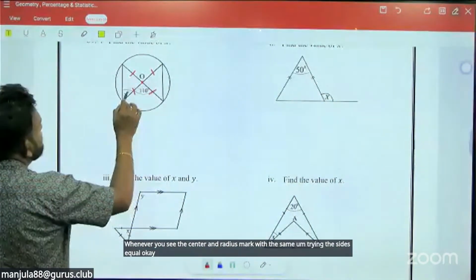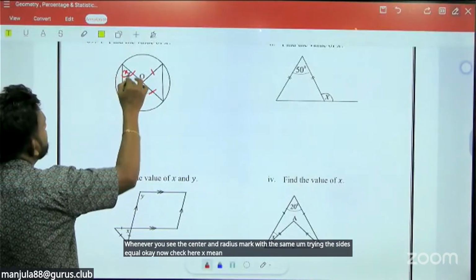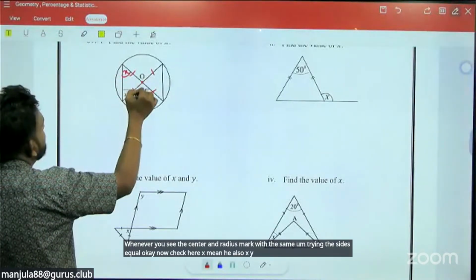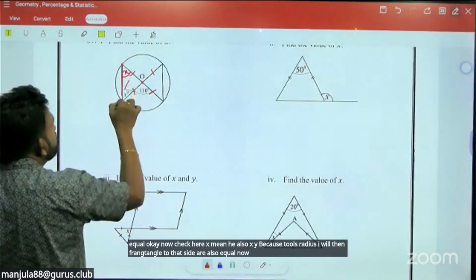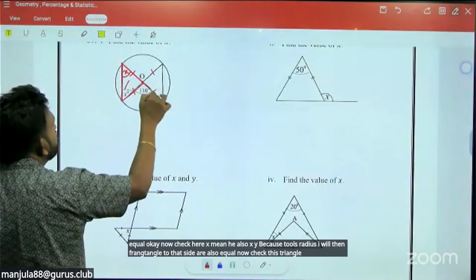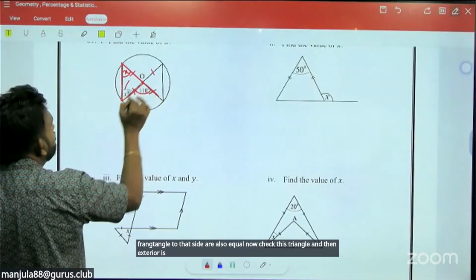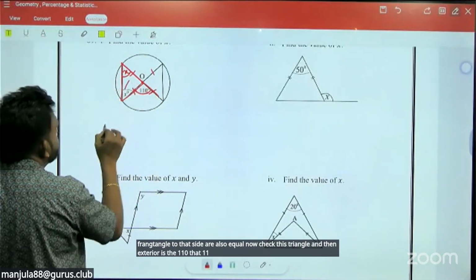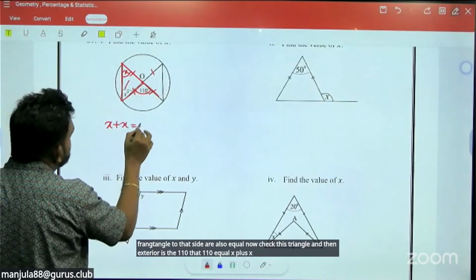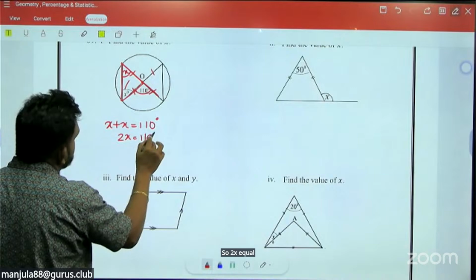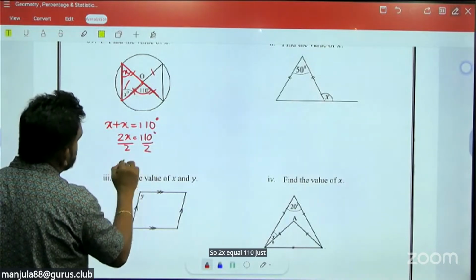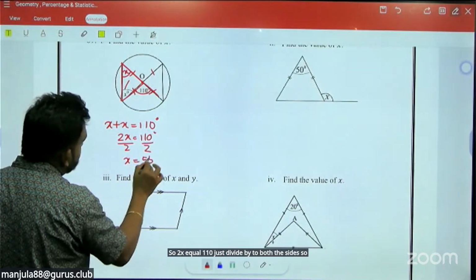Now check here: x means here also x, because two radii are equal, then the angles opposite to those sides are also equal. Now check this triangle. The exterior angle is 110, and 110 equals x plus x. So 2x equals 110. Just divide both sides by 2, so x equals 55 degrees.